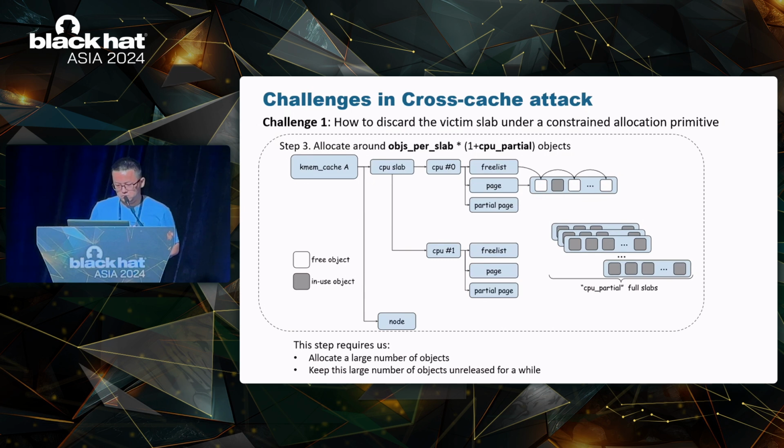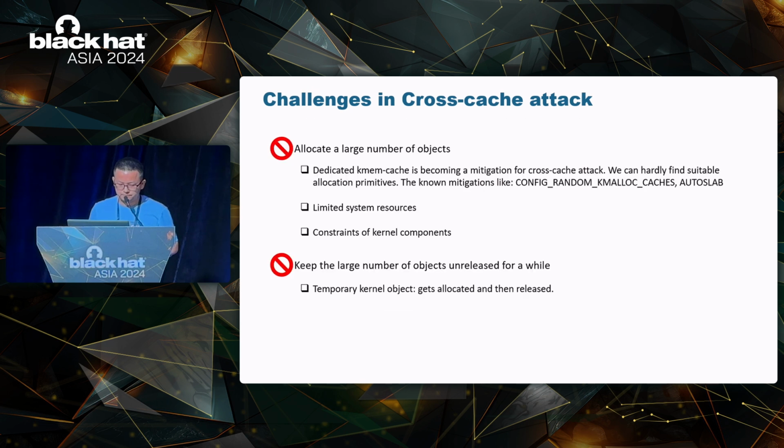Normally, we need to trigger the flushing for partial list to discard the victim slab. This requires not only the ability to allocate a large number of objects, but also the ability to keep them unreleased for a while. However, these 2 conditions can hardly be met sometimes.